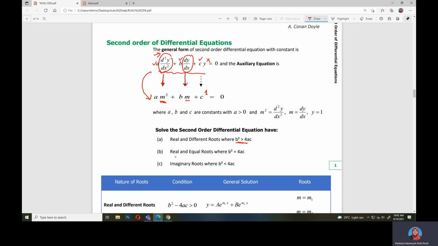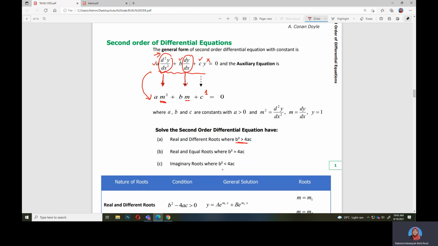Then the second type is real and equal roots. How to know? You substitute the value of b, a, and c. If b squared equals 4ac, we know it is real and equal roots. The last type is imaginary roots.